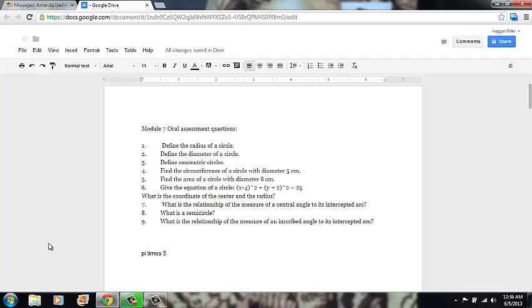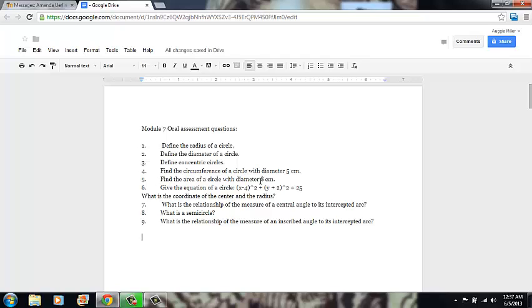I'll do it on my calculator here. Pi times 5 is 15.7, about 15.7. Circumference of a circle with diameter 5 is about 15.7.